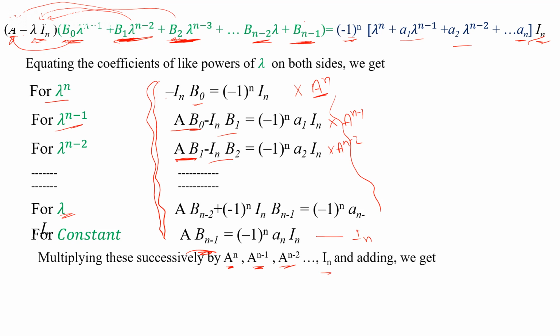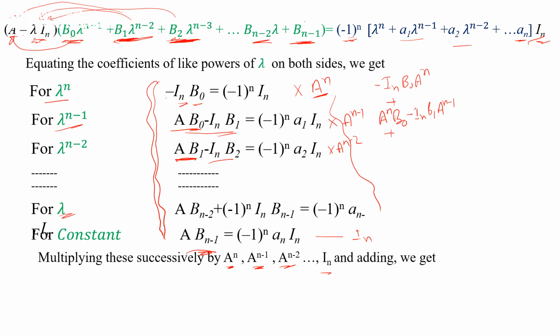If we multiply A^n on the left hand side, we get minus I B0 A^n, then plus we add the left hand side A^(n-1) multiplied with that term, so we get A^(n-1) into A is A^n B0 minus I B1 A^(n-1).